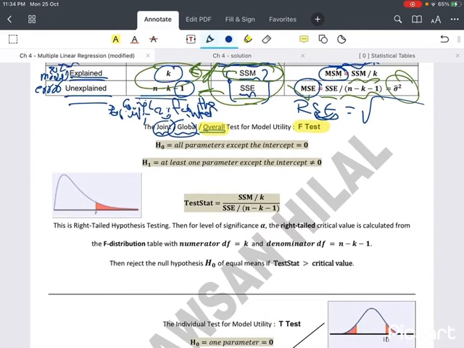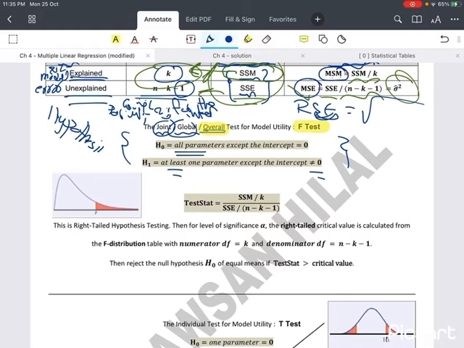We also learned the hypothesis. H not: all the parameters except the intercept equal 0; at least one is not equal to 0. Memorize it because it is very easy.